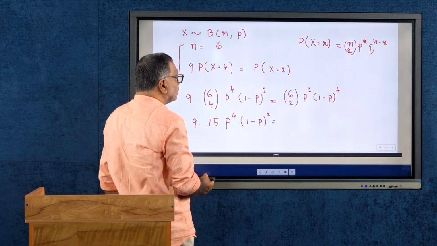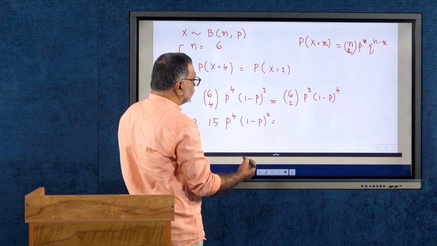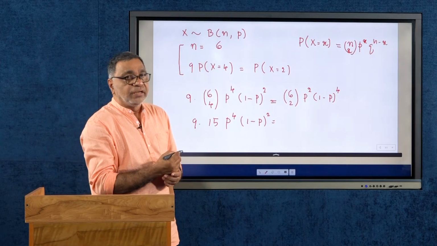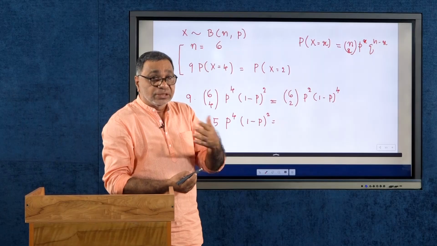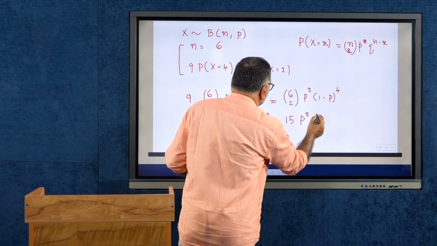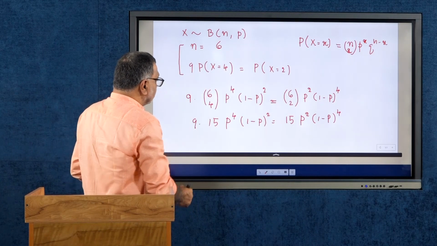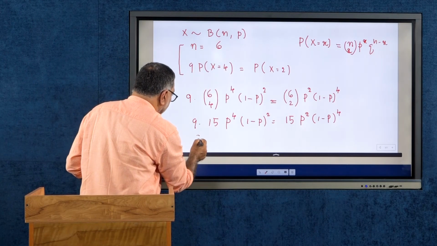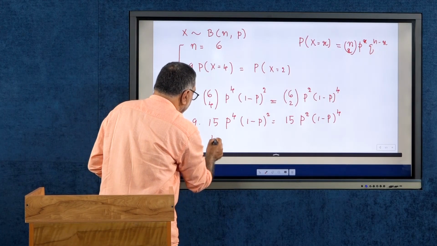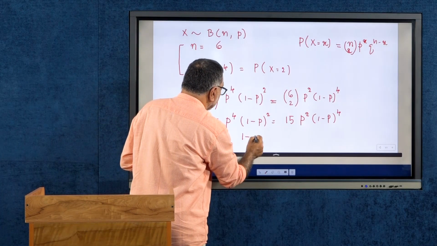Again 6C2 means 6 factorial divided by 6 minus 2 factorial into 2 factorial. That is again 6C2 is equal to 15, because 6C4 and 6C2 are same. So, 15 p square into 1 minus p power 4. Simplifying, the common factors are cancelled. So, this becomes 9 into p square, here it is p square, is equal to 1 minus p the whole square.